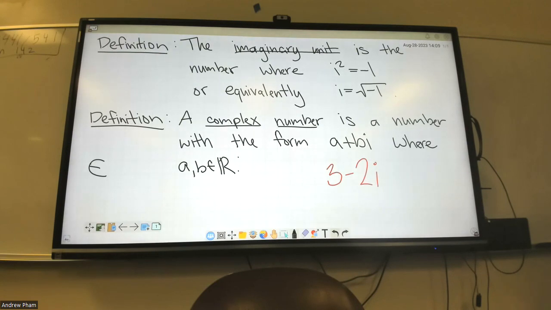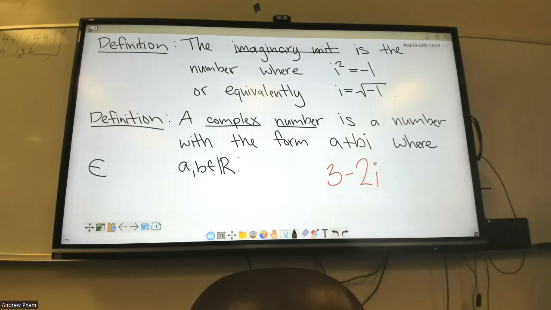And actually, whenever we're talking about complex numbers, one thing that you'll hear me say a lot is what's the real part of my complex number and then the imaginary part of my complex number. So in this example, 3 minus 2I, if I said, give me the real part of this complex number, what would you guess it probably is? 3. It's a number that we recognize as real. But what's the imaginary part?